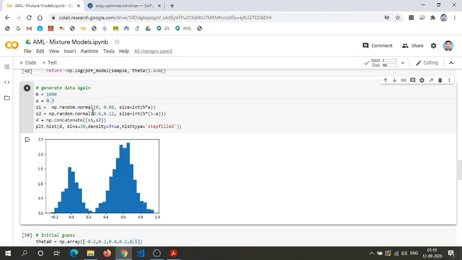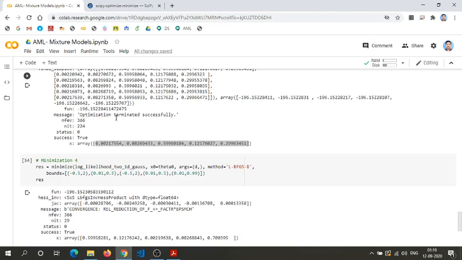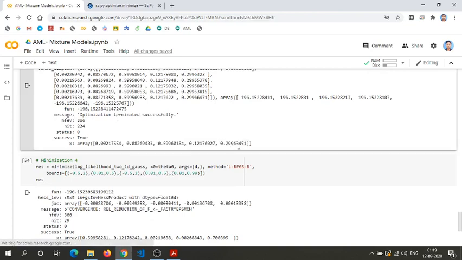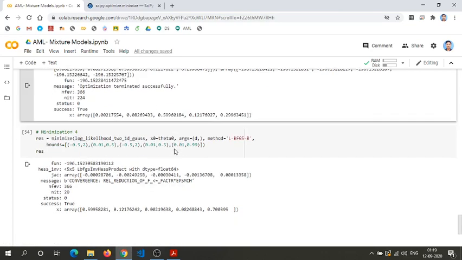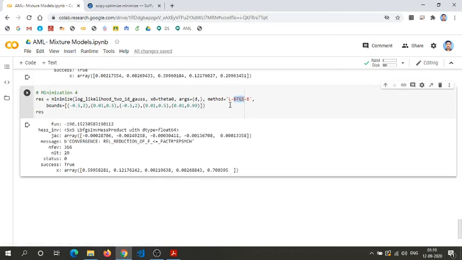With this also it gave a better result, A equal to 0.29. And BFGS converged, but the result was wrong.